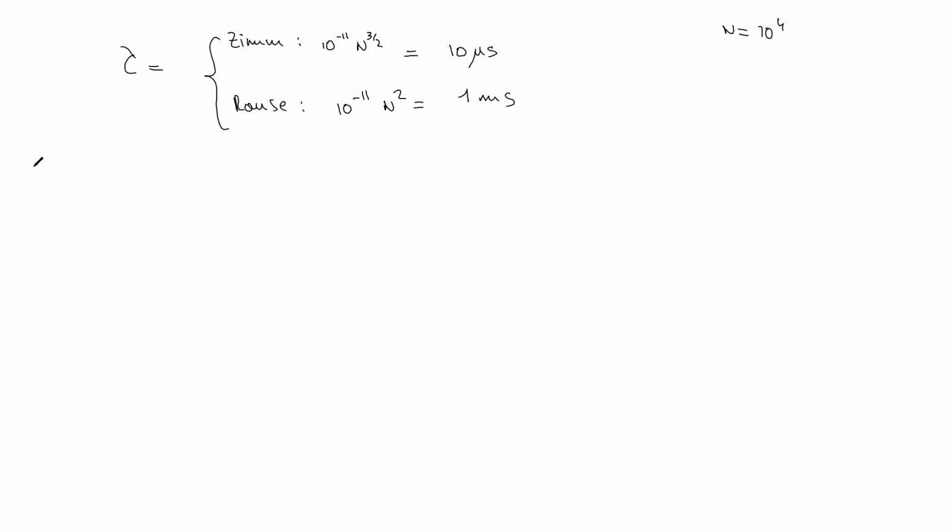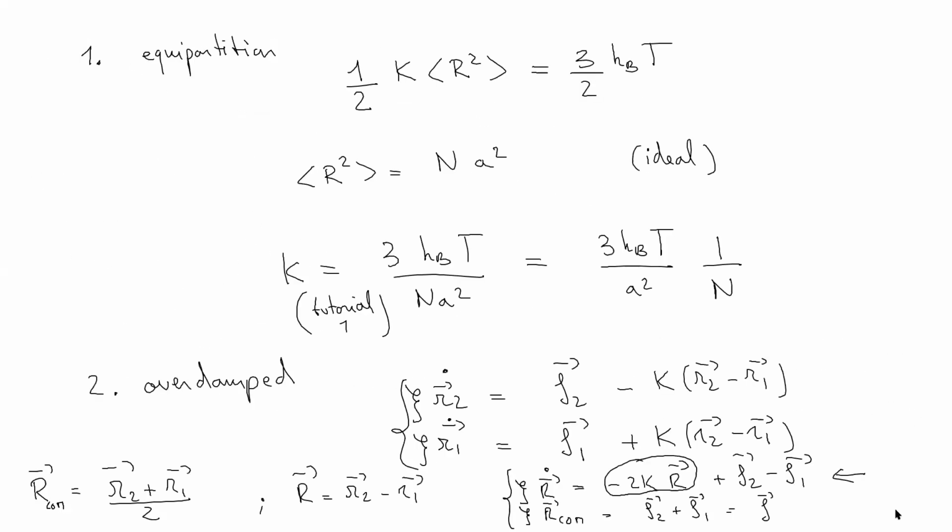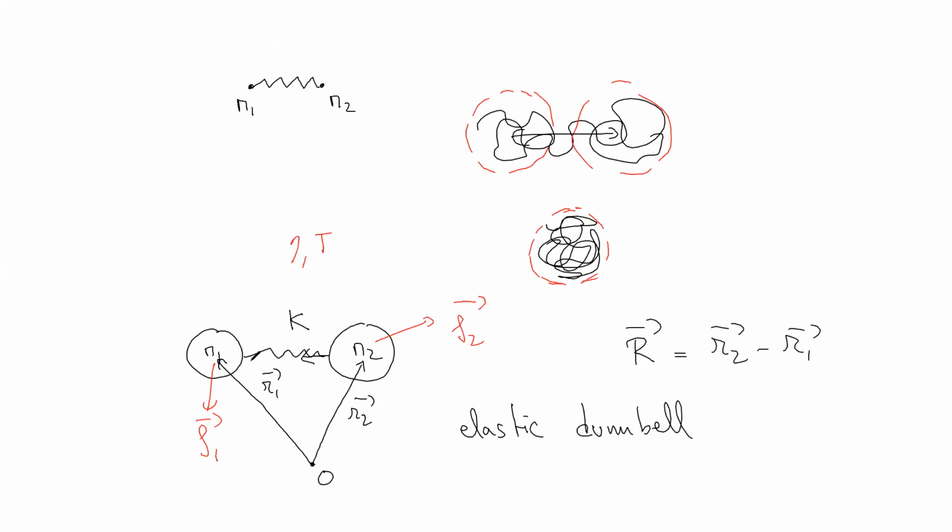Okay, so we know that there is some self-similarity in the description of a chain. And so this idea of having an elastic dumbbell, we just did the first order proposal where we have half of the mass on one side, half of the mass on the other side, and the string in between. But in fact, the whole chain could be modeled as an assembly of masses and springs. Depending on what length scale you are considering, you will have a time scale associated to it.